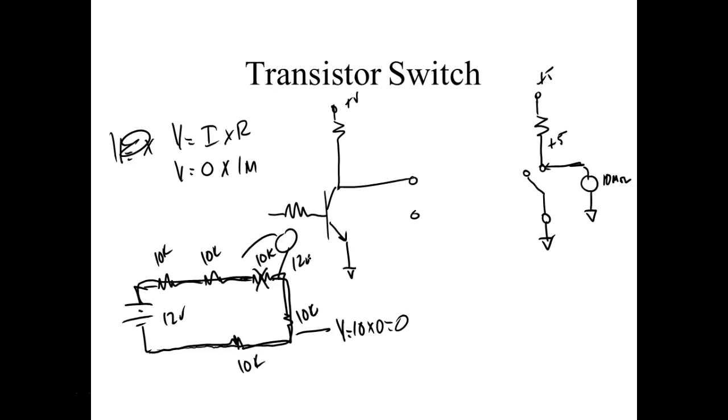I'm across my switch and it's open, so the entire voltage appears across the open. Now what's going to happen when I close my switch? That's going to take that common and put it right there. My meter's going to measure 0 volts. So when the switch is open, I get a 5. When the switch is closed, I get a 0, right? Understand? Okay.